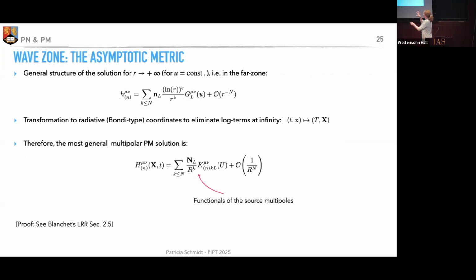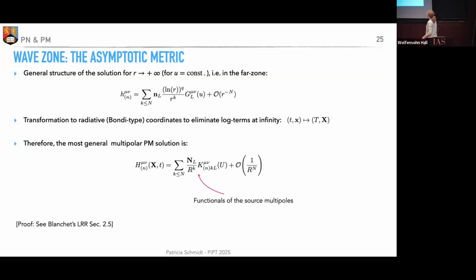Now, what we're interested in is if I go from the exterior region very far, to future null infinity, which is where I'm eventually going to observe my gravitational waves, so taking R to plus infinity. And it can be shown, and again, there's a proof for those interested, if you want to look it up, that the general structure of the solution at the MPM order is given in this particular form here, where we have a new set of multipole moments arising here. But what you notice is the log terms here.